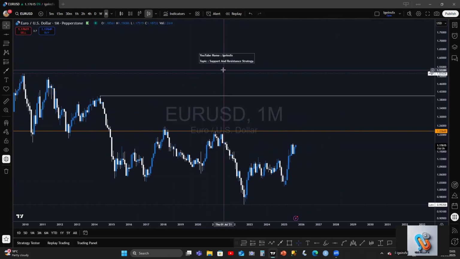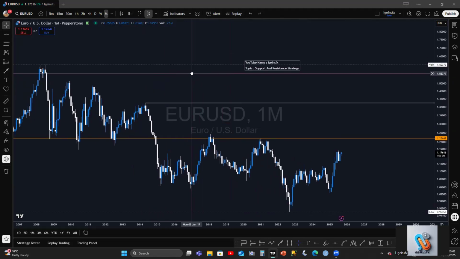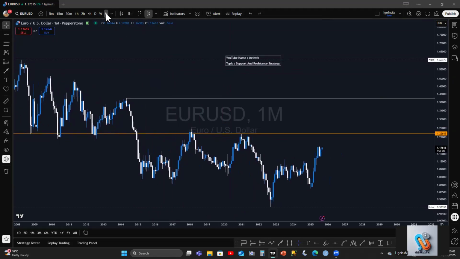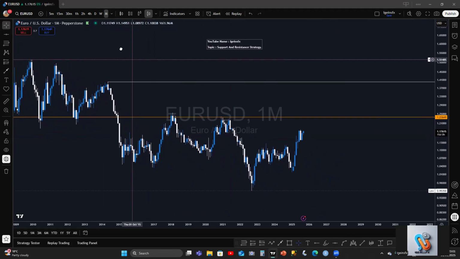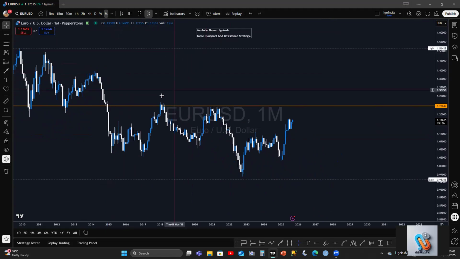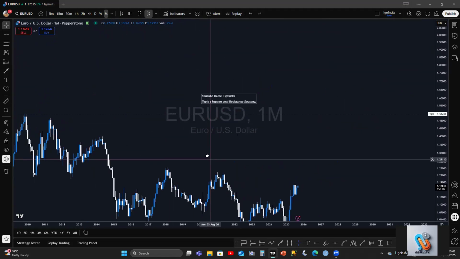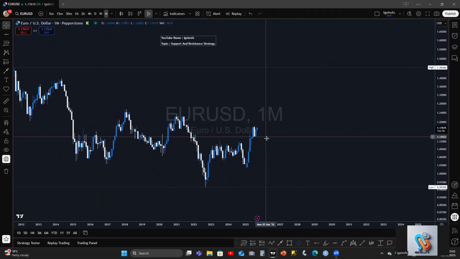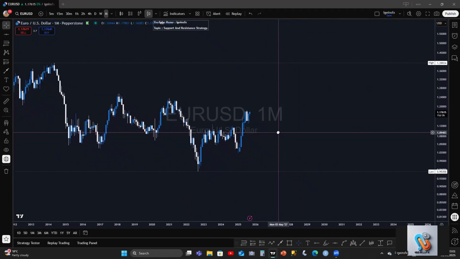Let us start this support and resistance strategy. As you can see, this is the monthly time frame. Let me remove this so that we can start on a fresh slate.